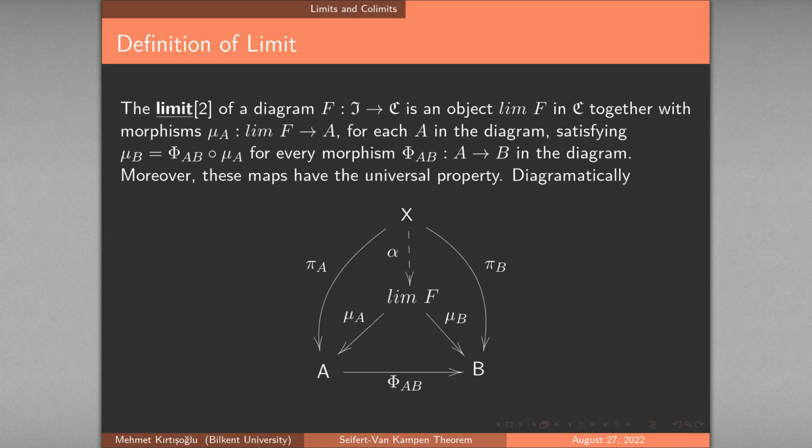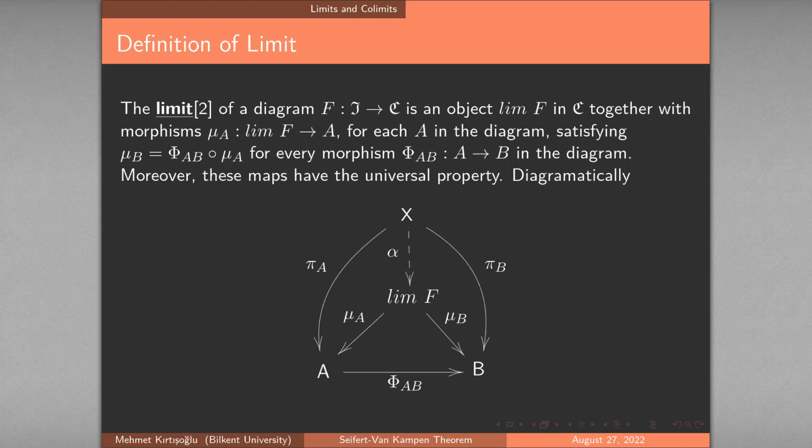The limit will have two basic properties. One is the universal property: for any other object in the category with morphisms to the diagram, we should have a unique morphism from that other object to our limit.